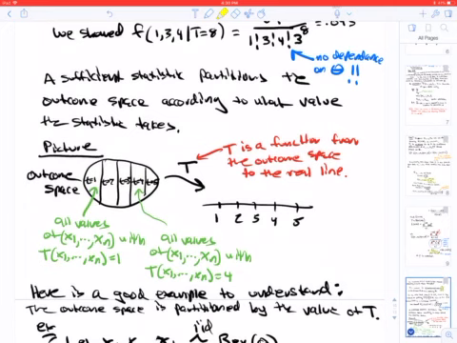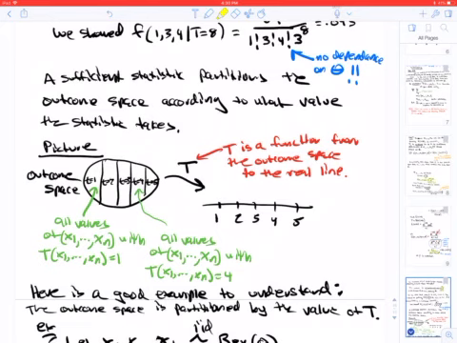That's cool. Okay, so a useful way to think about what a sufficient statistic is, well, first of all, a statistic partitions your outcome space, like your x1 to xn.